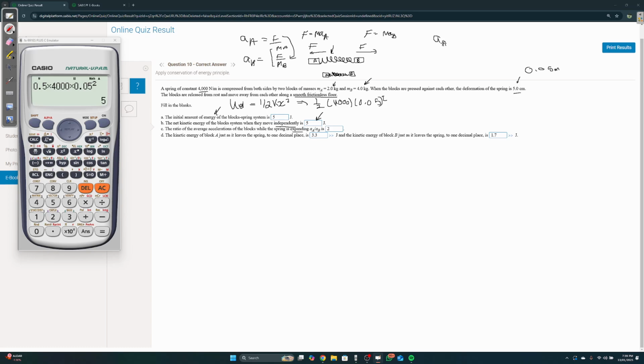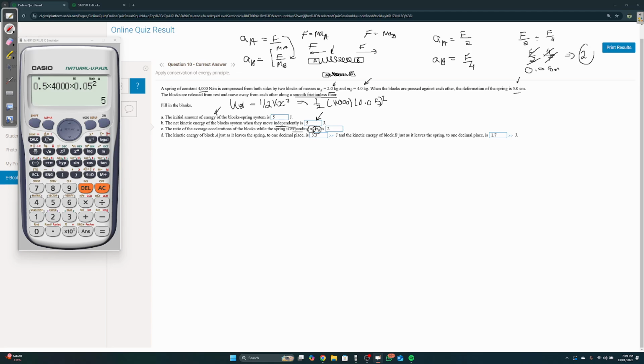So acceleration of A is going to be equal to F over 2 kilograms, and acceleration of B is equal to F over 4 kilograms. So the ratio of acceleration of A over acceleration of B would be F over 2 divided by F over 4. And when you divide, you flip. So F over 2 times 4 over F. Cancel F with F, 4 with 2.